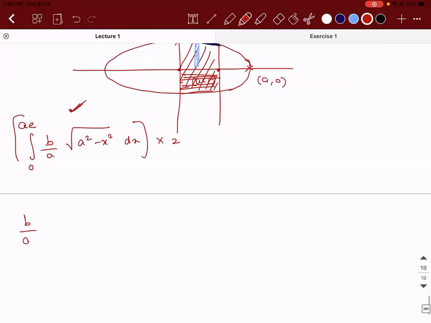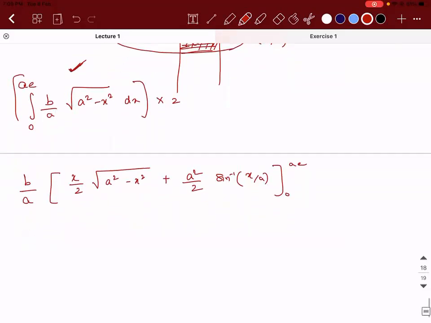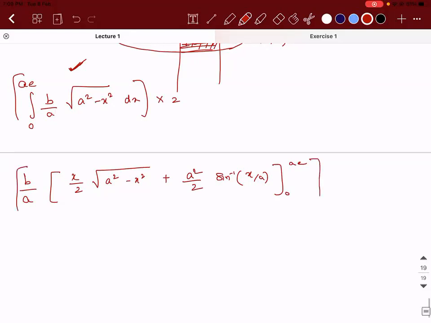So b by a, if I take it outside, this becomes x by 2 into root of a square minus x square plus a square by 2 into sine inverse of x by a, between 0 to ae, into 2. Sorry, into 2.